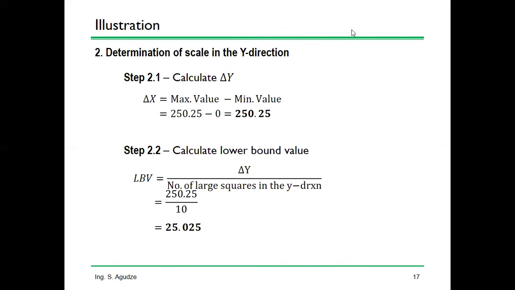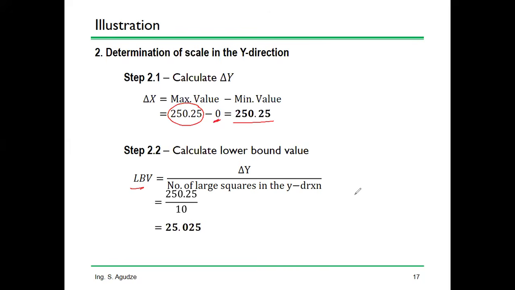So if we go to the y direction, in the previous slide we established that the maximum value is 250.25, and the minimum was 0. This difference will give us 250.25. Then proceed to calculate the lower bound value: change in y over the number of large squares in the y direction.